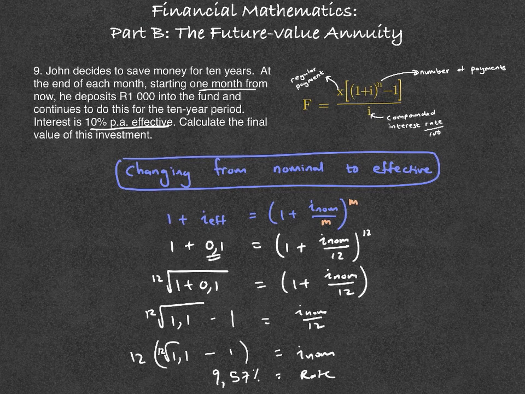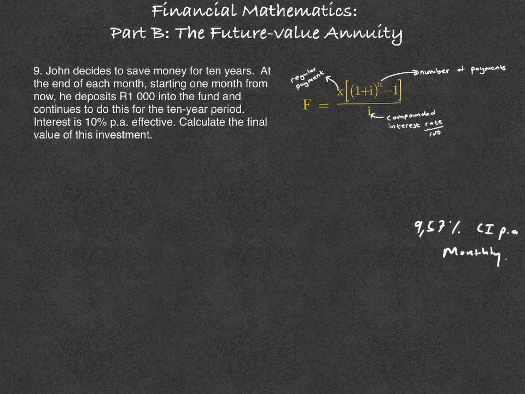Okay, so the first part is to work out the interest rate. The nominal interest rate is 9.57%. So that means it is 9.57% compounded per annum monthly. Right, that's the nominal interest rate there. Okay, and then the rest of the question is quite straightforward.